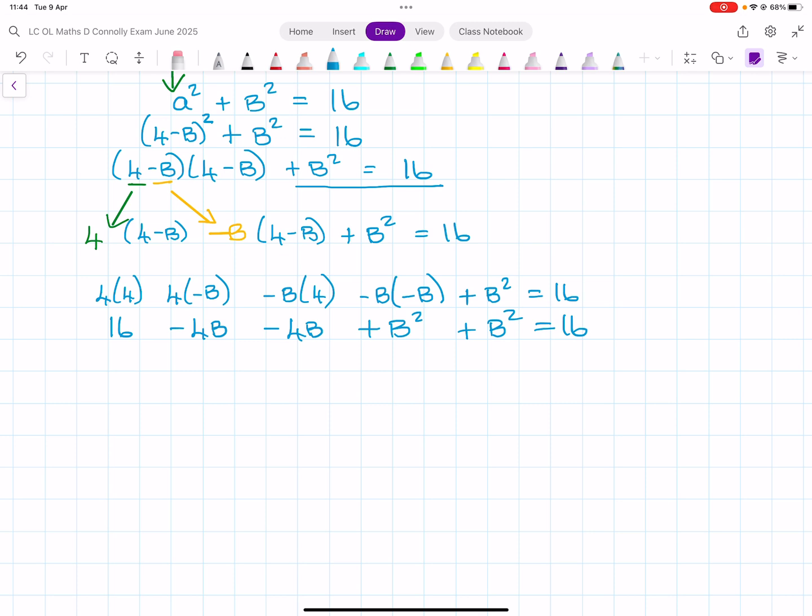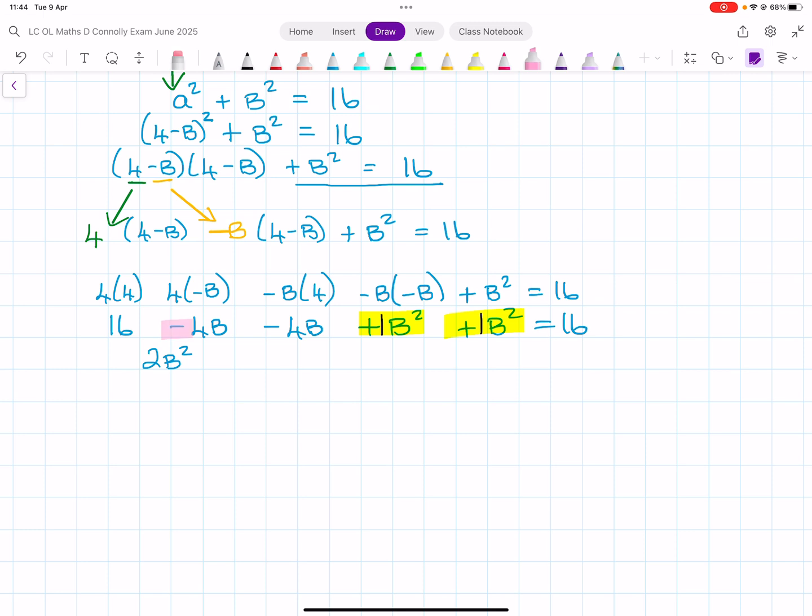I am going to look at the families. So I have these two. So 1b squared and 1b squared is 2b squared. Then I have these two. So minus 4 is minus 8 for the b family.